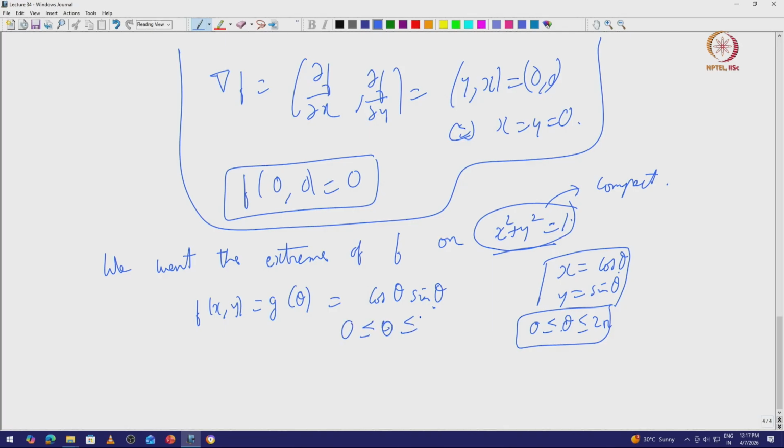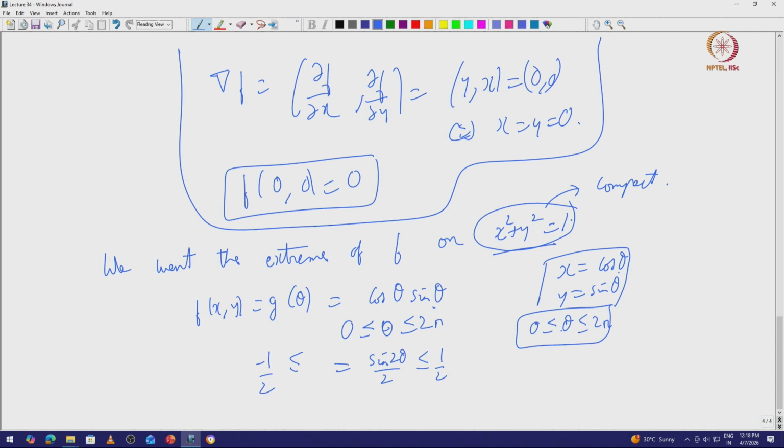Now we have reduced our problem to a one variable calculus problem. There are several ways to do it, right? For example, we can be clever about it. We can say this is sine 2 theta divided by 2. So obviously this is less than half and this is larger than minus half.